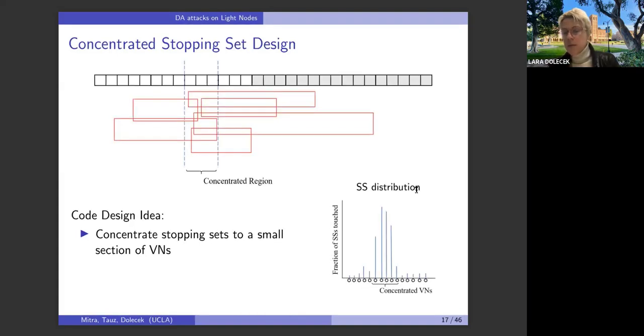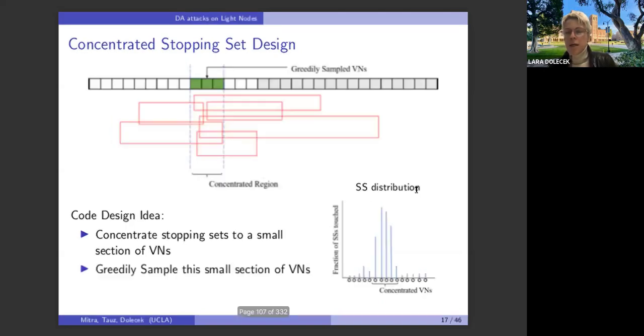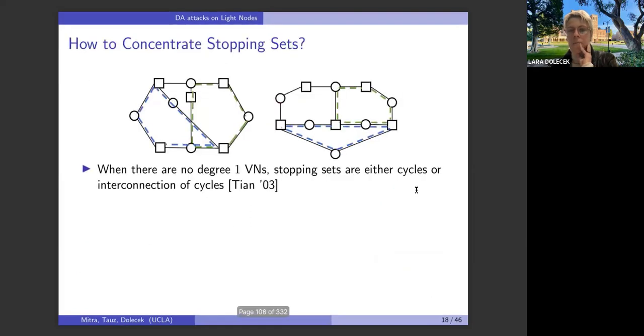In fact, we would like to have the stopping set distribution be concentrated on a subset of variable nodes, because then that gives a leg up to our light node that performs sampling. And as I said, this light node can then greedily sample just this small subset of variable nodes.